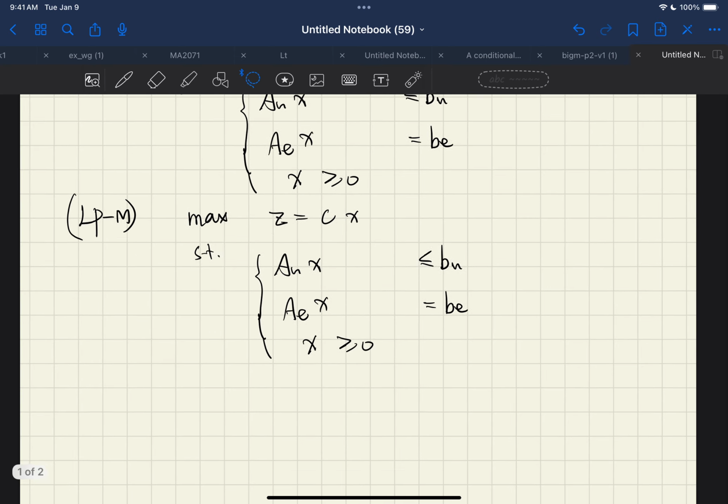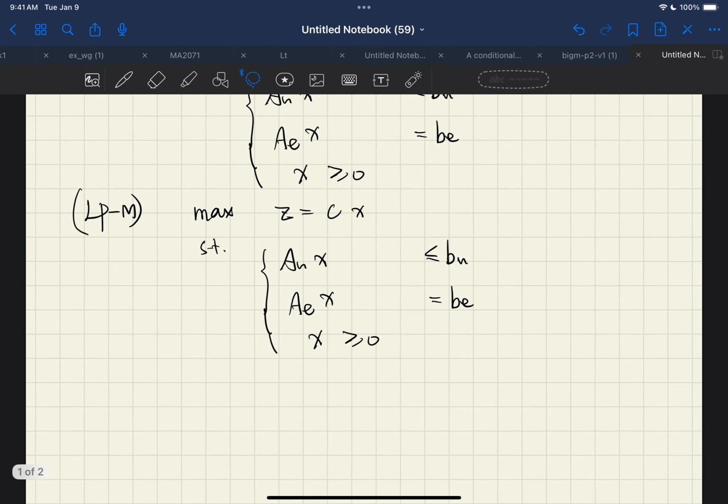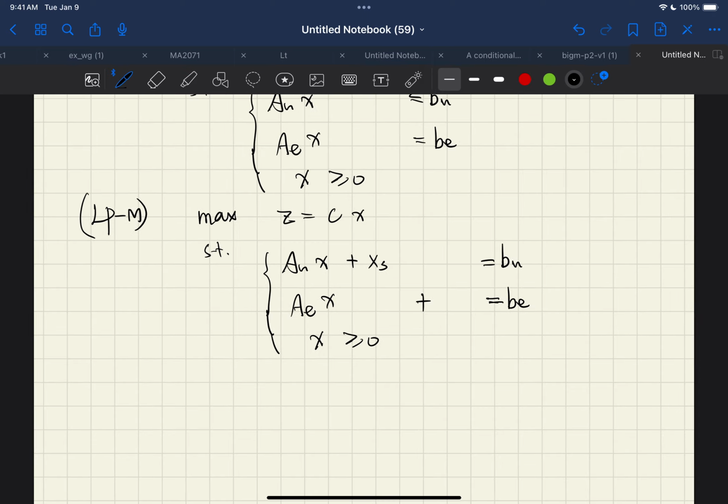I just copy this down, the whole thing, but for the augmented matrix, when we have only less than or equal, then you can put an equal sign, but we will add slack variables. And for the original equality constraint, there's supposed to be no room to add another artificial variable. Otherwise, the problem is changed.